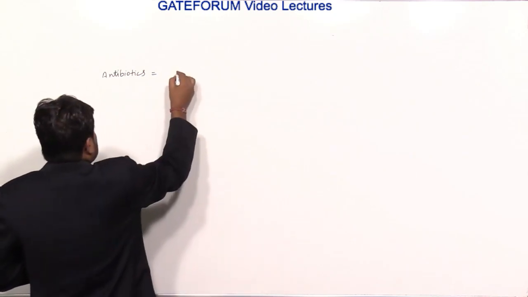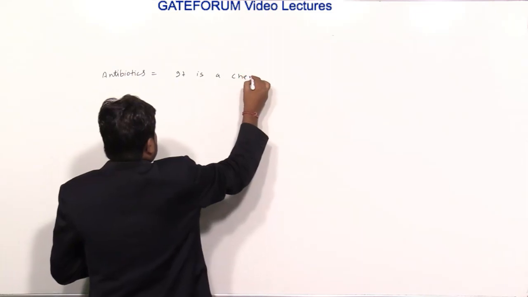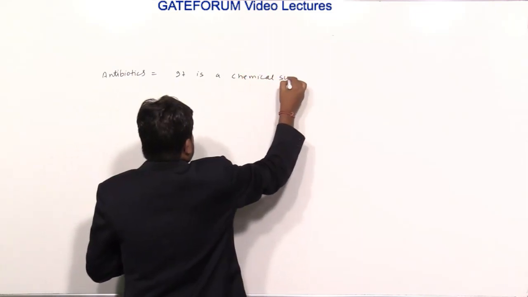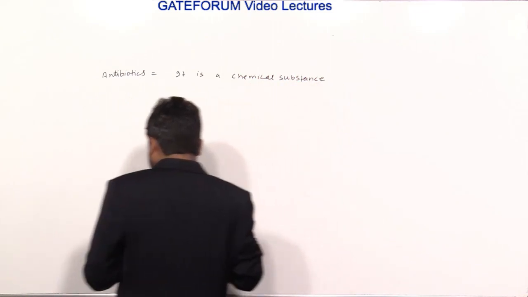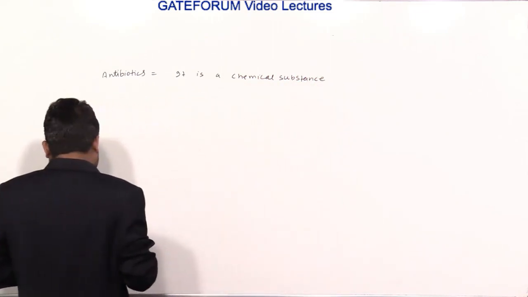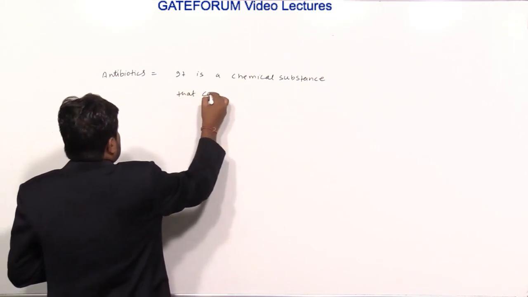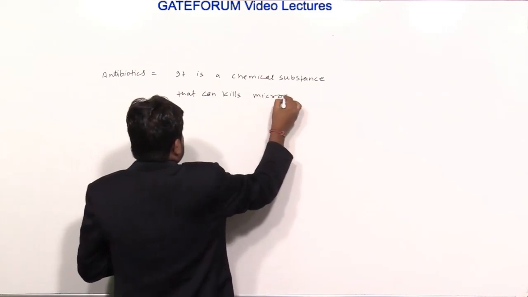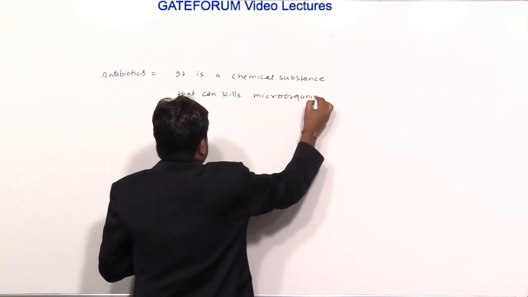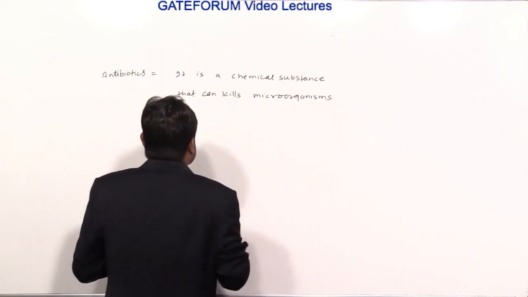Antibiotics are chemical substances that can kill microorganisms or inhibit their growth.